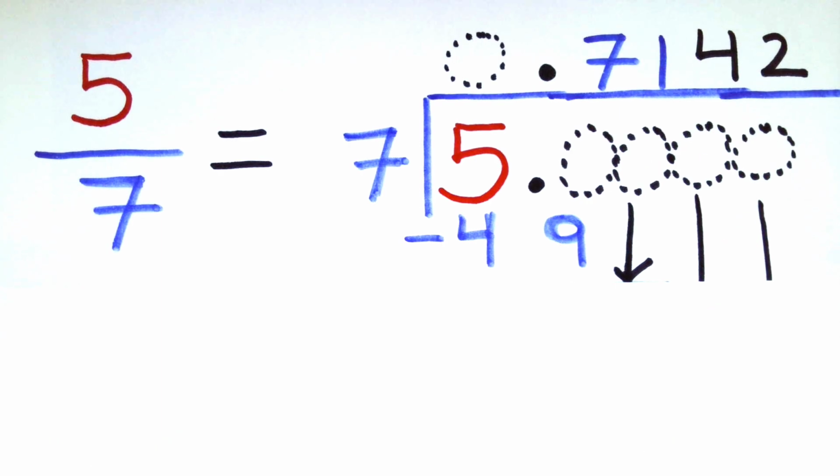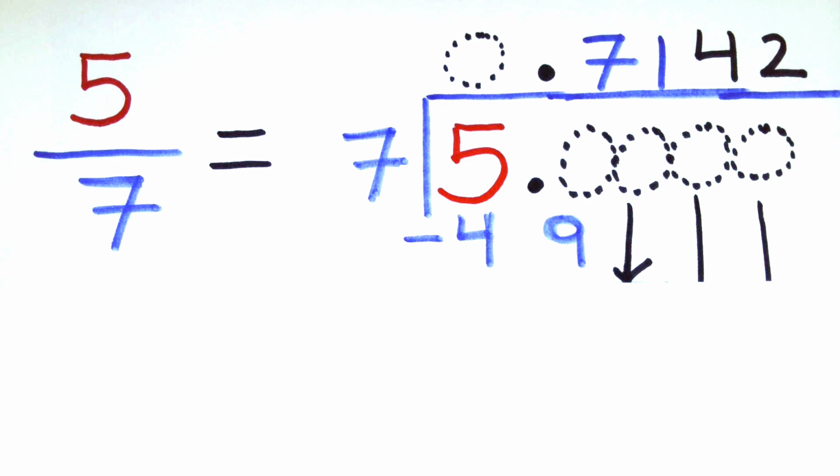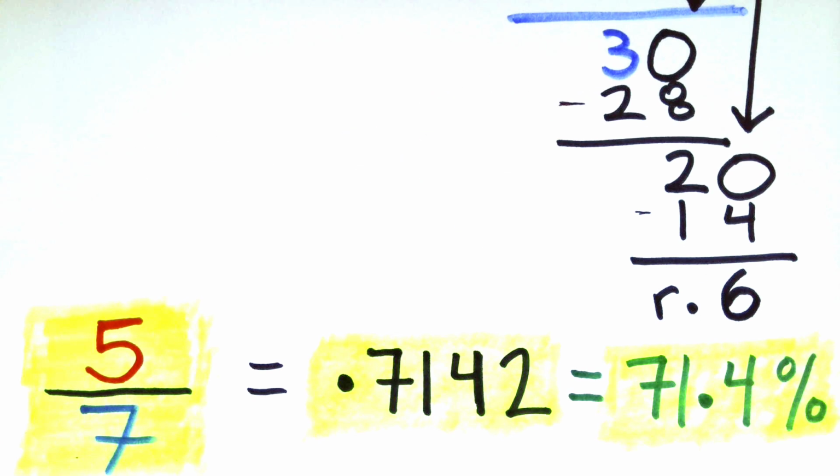Okay, so you can see here, for all intents and purposes, 5/7 is equal to 0.7142. I have my decimal value of what 5/7 is equal to. So 5/7 is equal to 0.7142, which is equal to 71.4%.